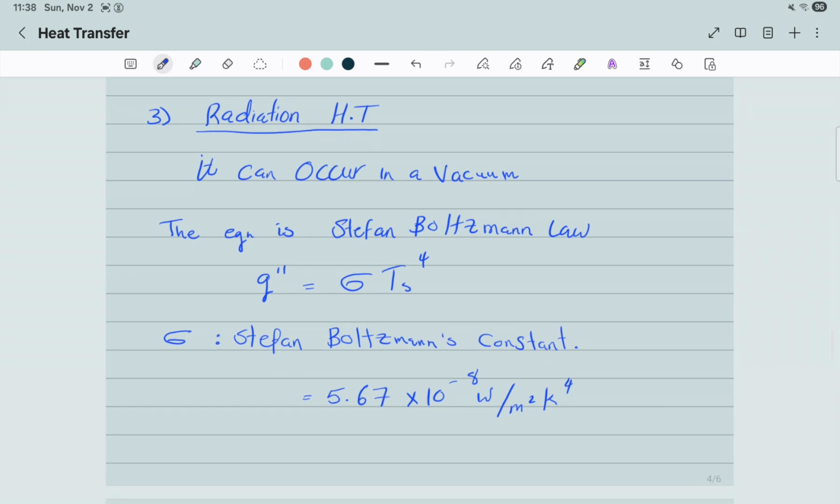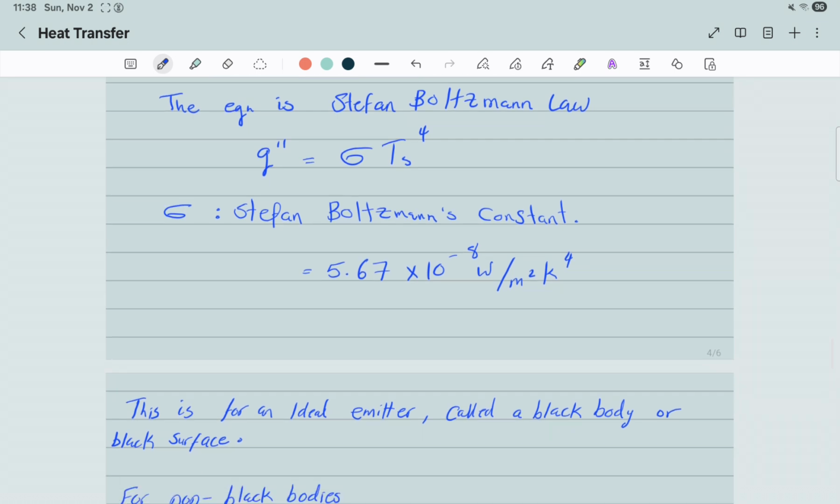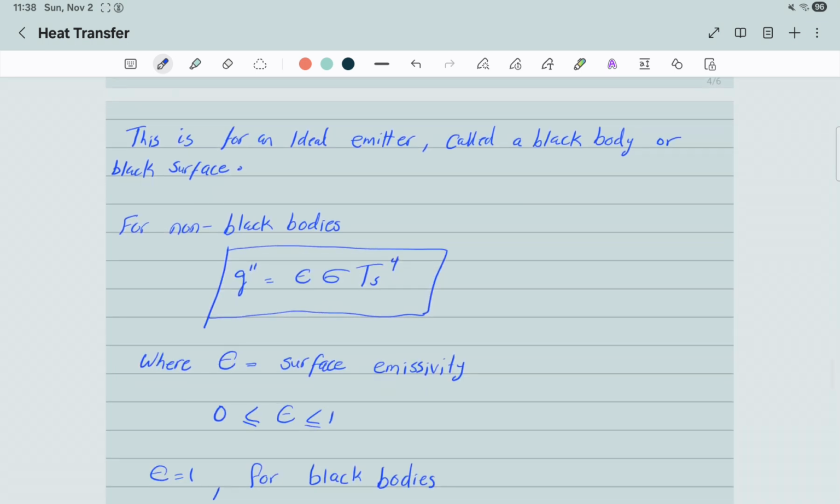Sigma is the Stefan-Boltzmann constant, which is 5.67 times 10 to the power of -8 watts per meter squared K to the power of 4. This is for an ideal emitter called a black body, or a black surface. For non-black bodies, the only difference is the surface emissivity, which is between 0 and 1. If it's 1, you'll treat it as a black body.